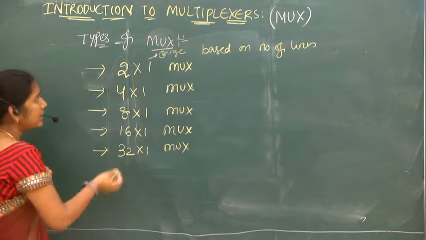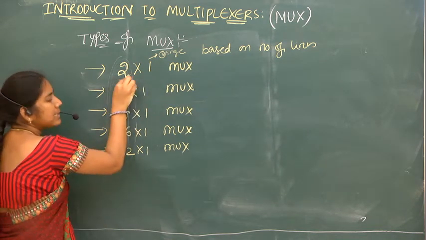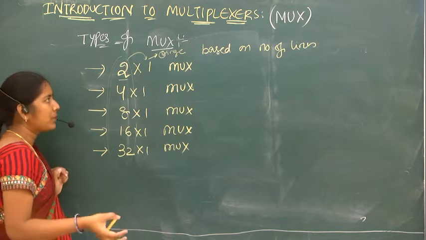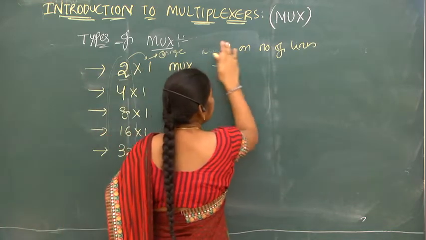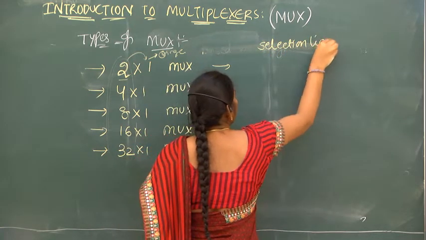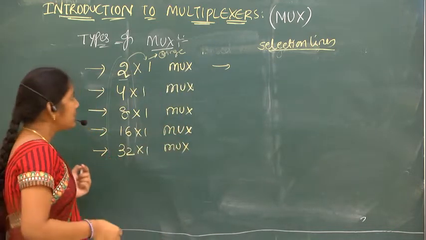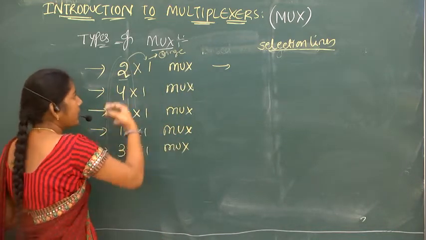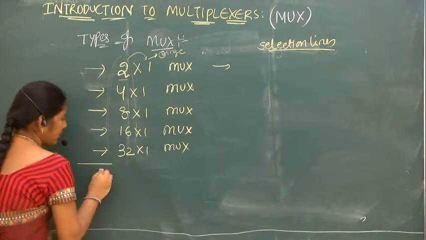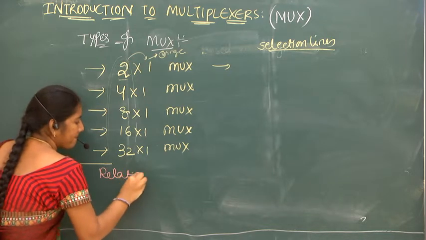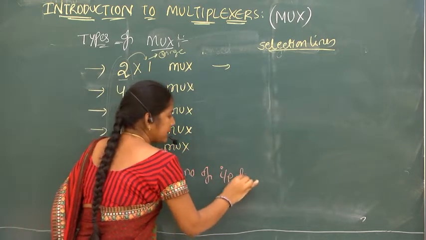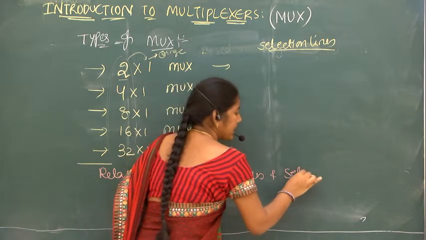Fine. But as we know, out of all these inputs, at every instant we'll select only one data as output. For that, we require selection lines also. Now the question is, what is the number of selection lines required for these muxes? For that, there is a relation between the number of input lines and selection lines.